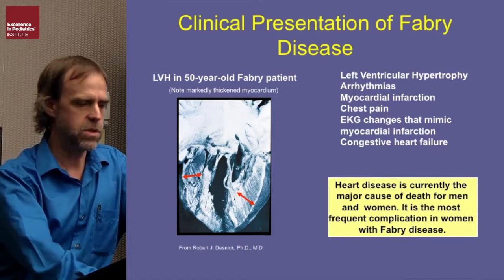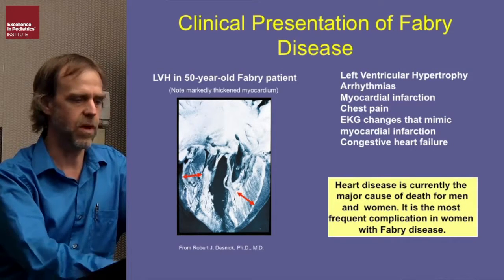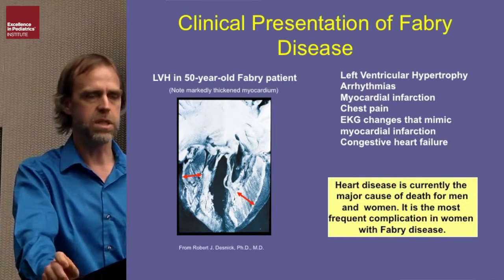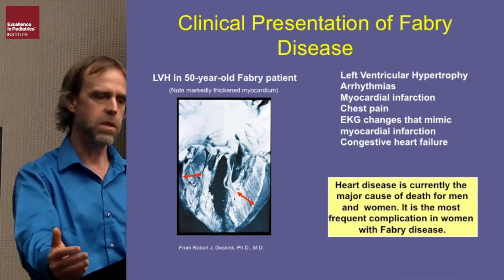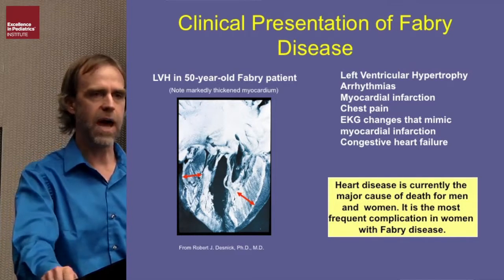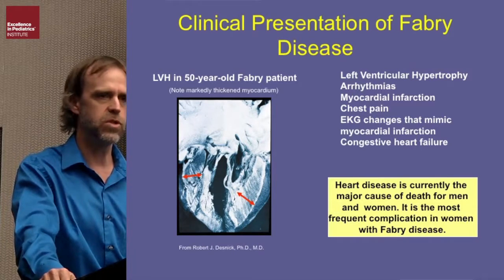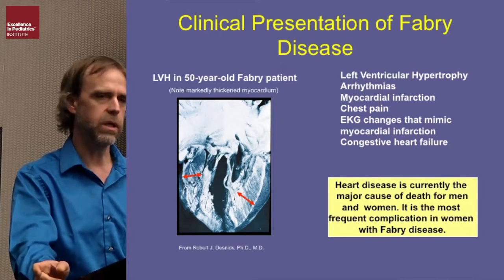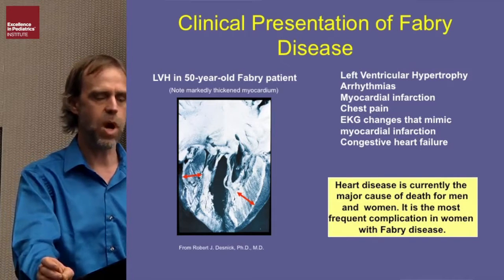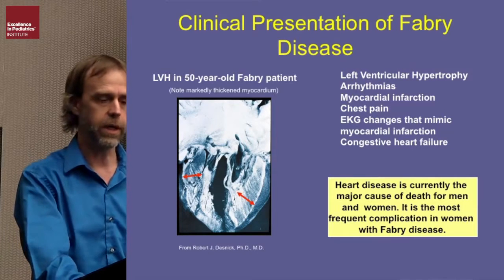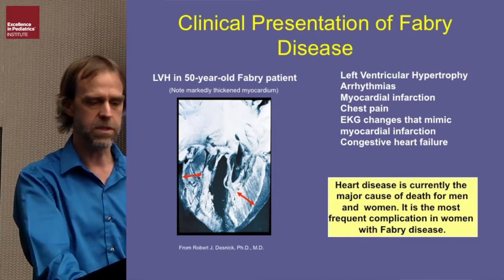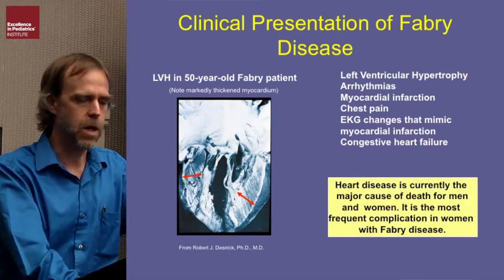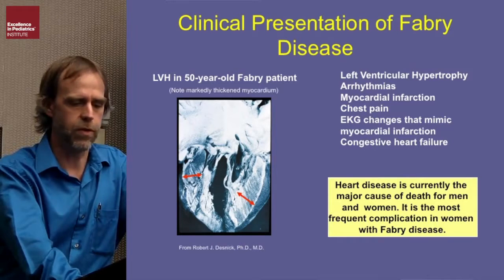The thickening that you see here in the heart disease is very advanced, but you see thickening of the heart, you see abnormal heart valves and disturbances in the rhythm of the heart, generally starting in adulthood, but you can see those problems starting again in adolescence. Heart disease is currently the leading cause of death for individuals with Fabry disease.